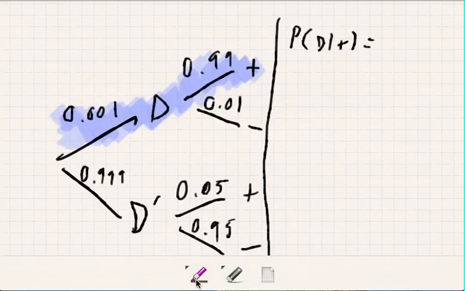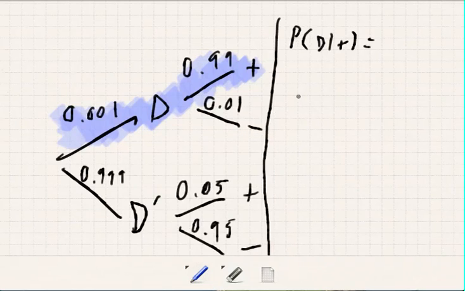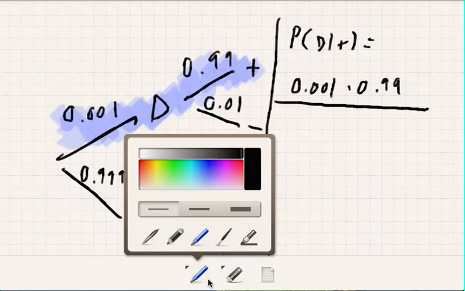And you multiply these probabilities together. So the numerator of the fraction is going to be 0.001 times 0.99. That's literally the probability that you have the disease and you test positive.